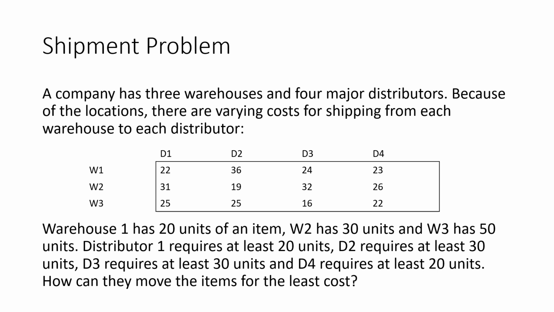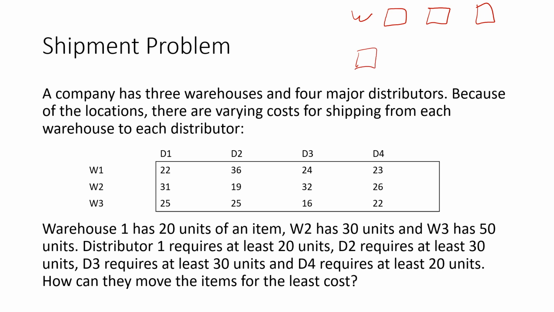Shipment problem. Here's another type of problem. We have a company that has a bunch of warehouses and a bunch of distributors. So they have to get their products from the warehouse to the distributor. They have 3 places that are warehouses.